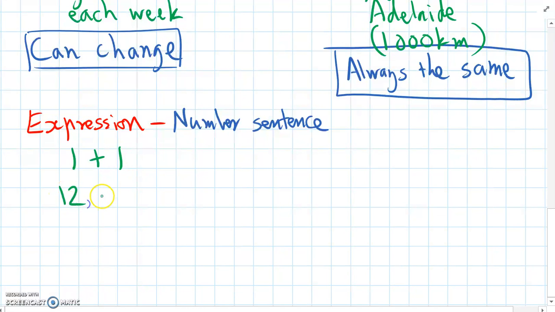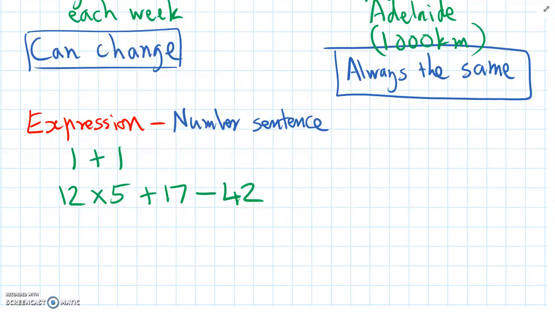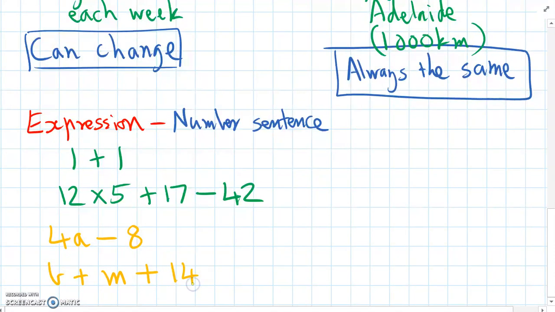Or 12 times 5 plus 17, take away 42. That's another expression. But now we're starting to make expressions that have pronumerals in them too. So something like 4a take away 8. That's an expression. Or b plus m plus 14.